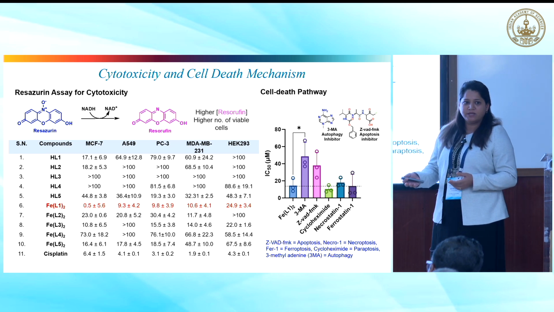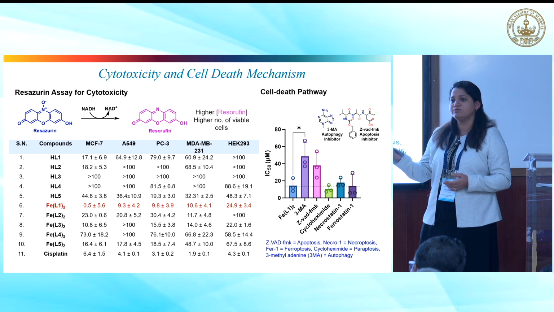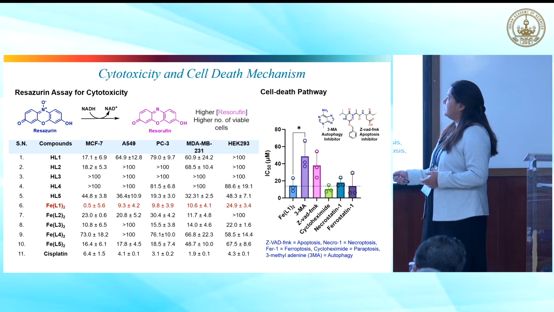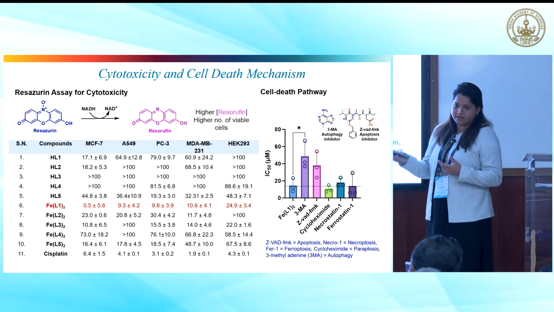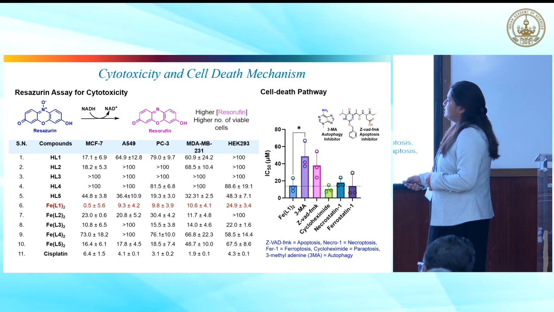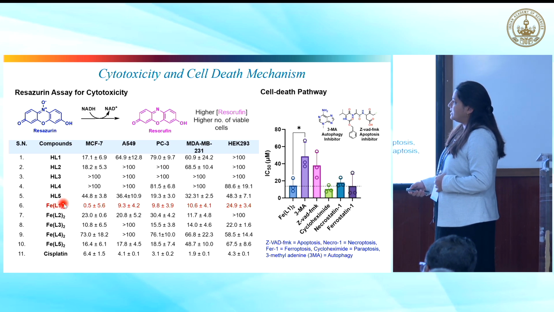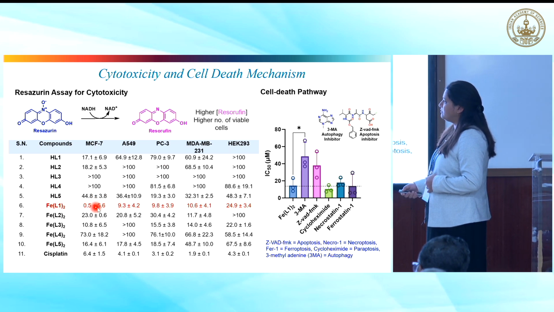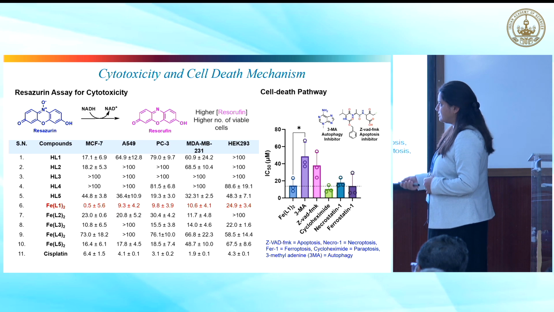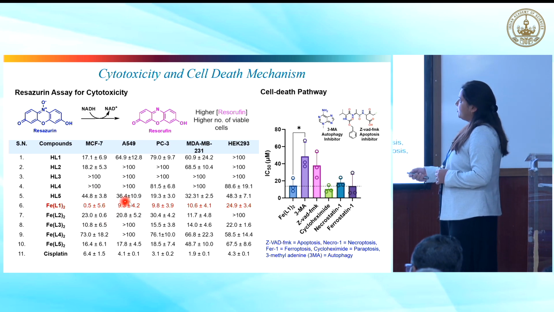You have to make sure that you also treat your compounds towards the healthy cells to see that they are not toxic towards your healthy cell lines. And what was found is that our FeL1 was most active among all the other compounds that were synthesized. So here are some of them.